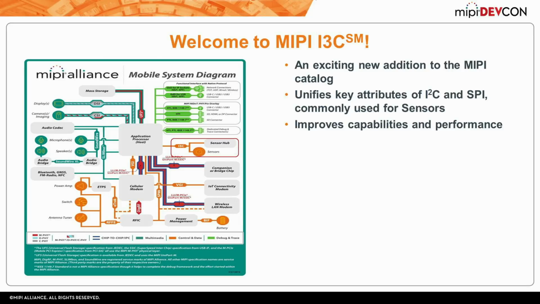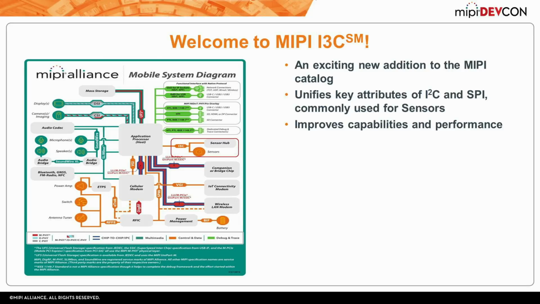So welcome to MIPI I3C. This is the mobile system diagram that I tend to use. What we're talking about is this interface right here. This is an exciting new interface connecting sensors and sensor hubs to application processors and other hosts.